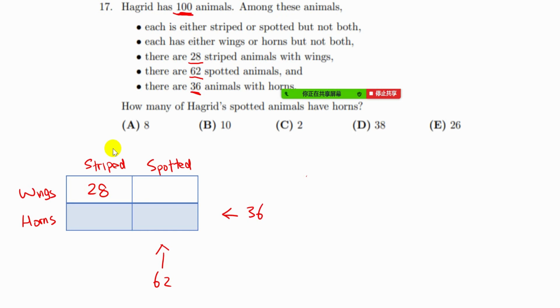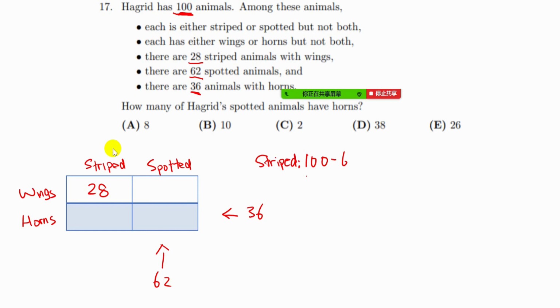So we can start with the amount of animals that are striped with horns. Because we know that there are 100 animals in total, we know the total striped animals by subtracting 62 from 100.